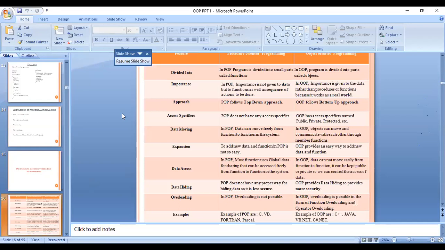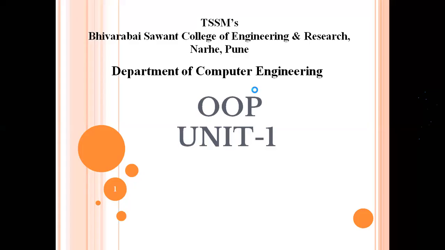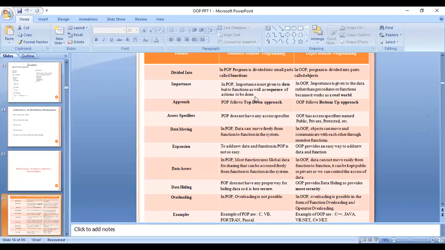We have already discussed that procedural oriented programming is basically divided into smaller parts, and object oriented programming is basically divided into a number of different objects. So they are only accessible with respect to objects. Importance: in case of POP, they are not going to give more importance to data.